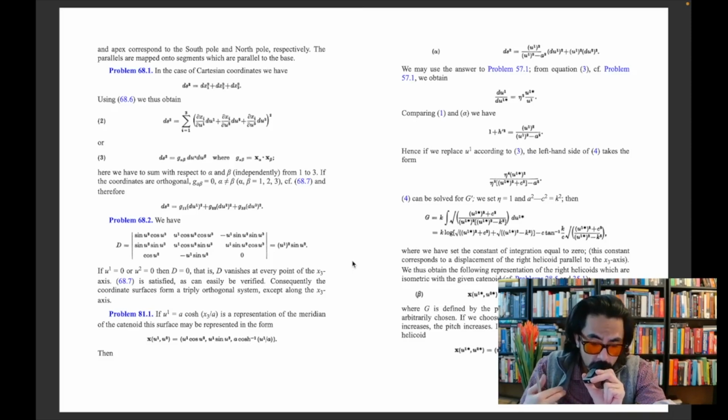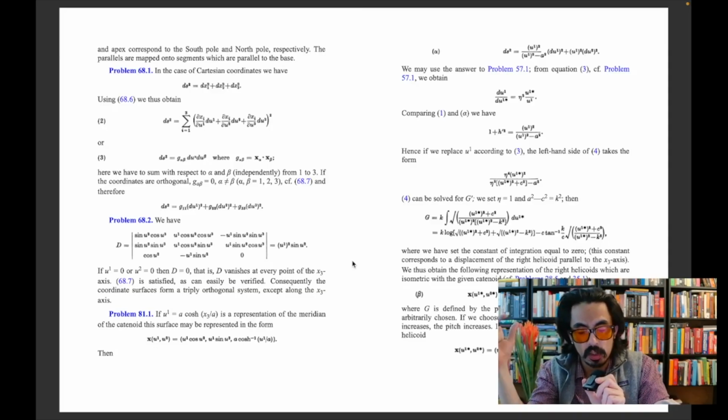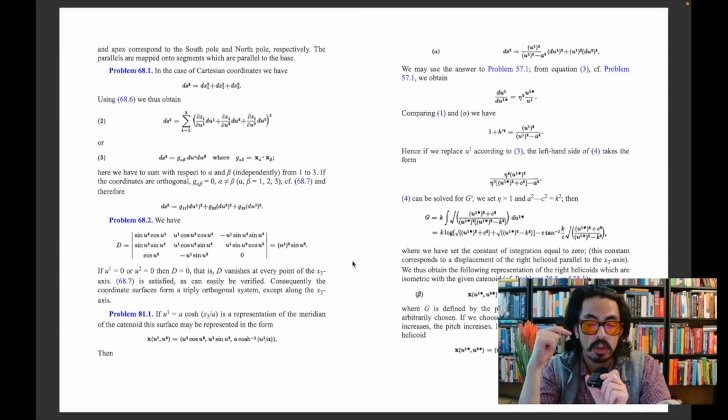So we can then continue to compute capital G, which is thus lowercase k times the logarithm of, first we have the square root of the quantity u1 star squared plus c squared closed quantity plus, and then we have a second square root within this logarithm, which is the square root of u1 star squared minus k squared.